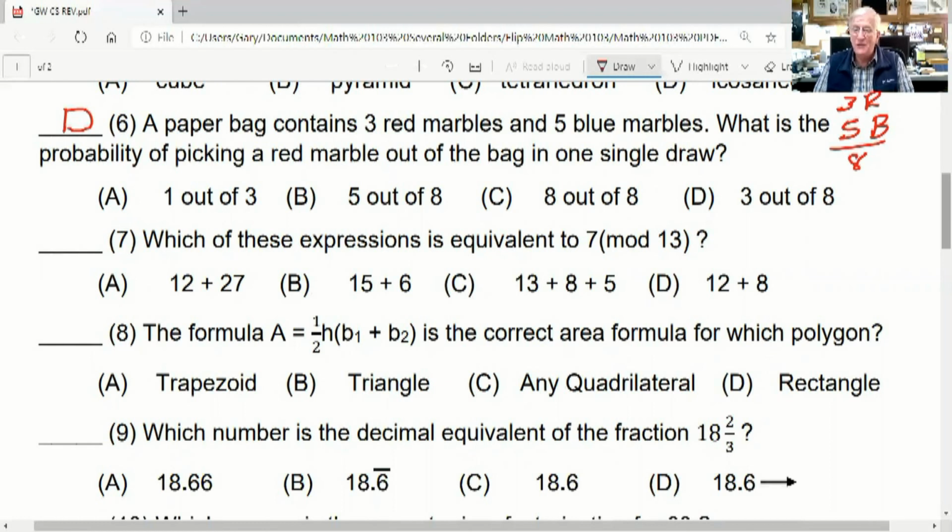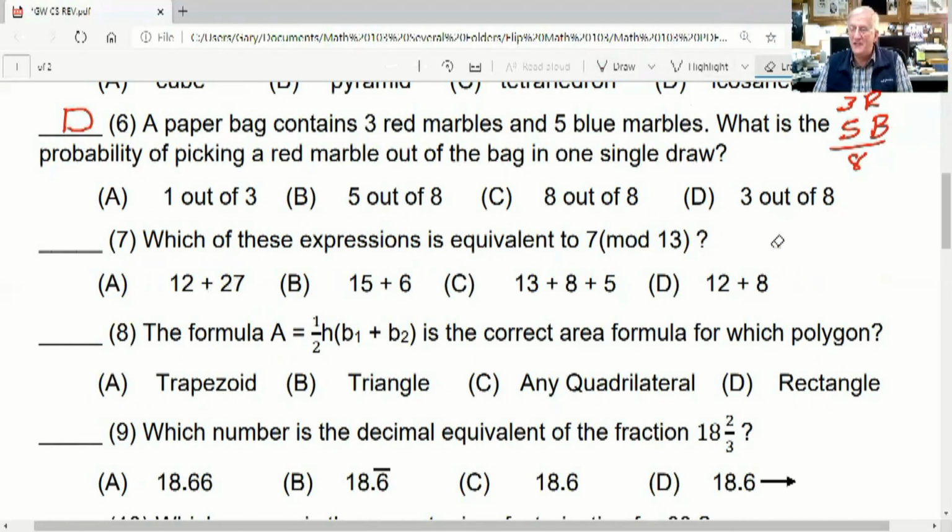If I take 12 and 27 and add them together, I get 39. 39 divided by 13 goes exactly 3 times with no remainder, right? Therefore, it can't be 12 plus 27.